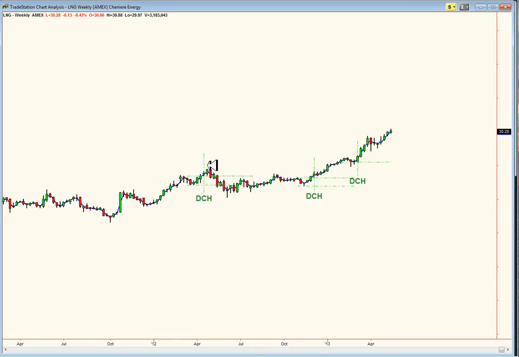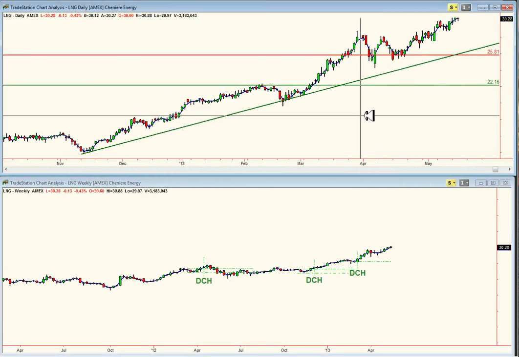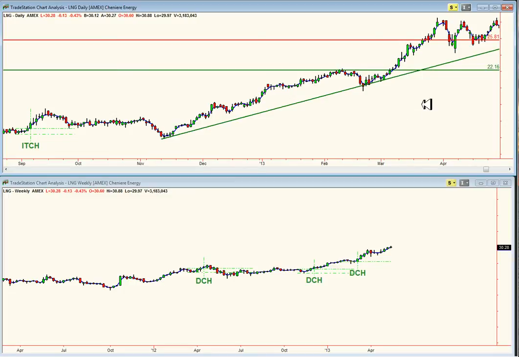Here with this false breakout, but a couple more DCHs here on the weekly chart. These are simply pullback breakouts, and you can see the last one. We had a move up, 3 weeks of pullback, and then a breakout again, and we should have a continued move here on that daily chart.